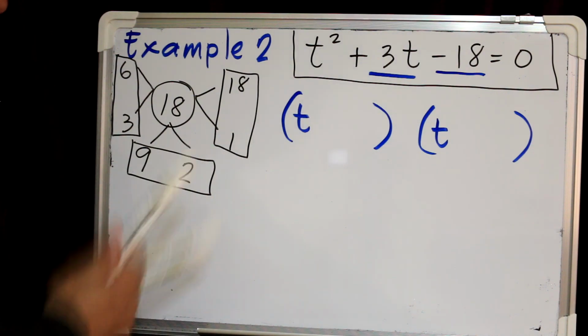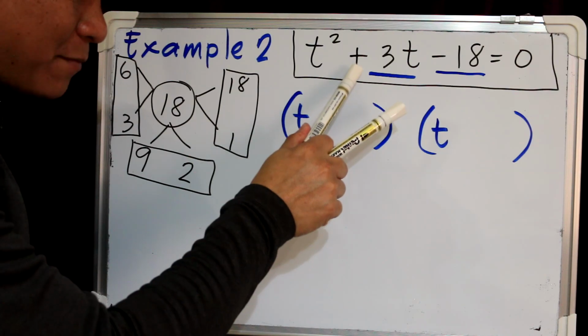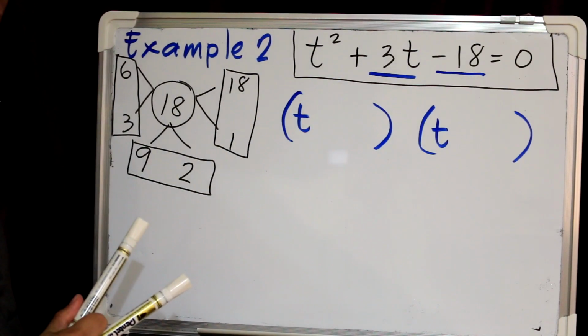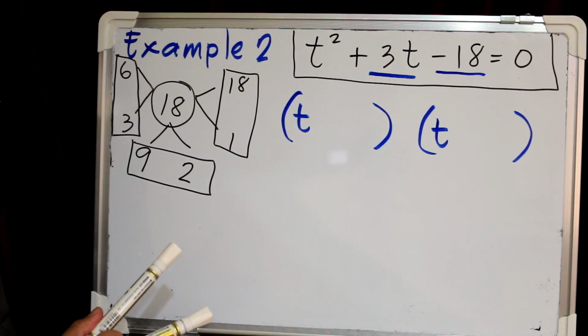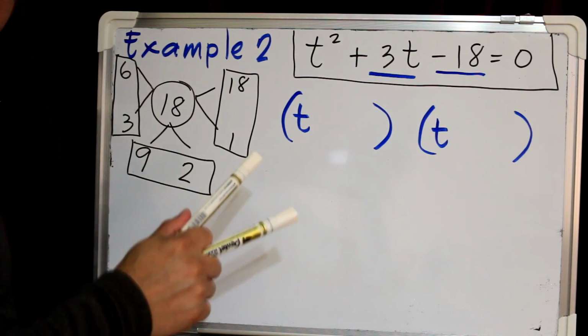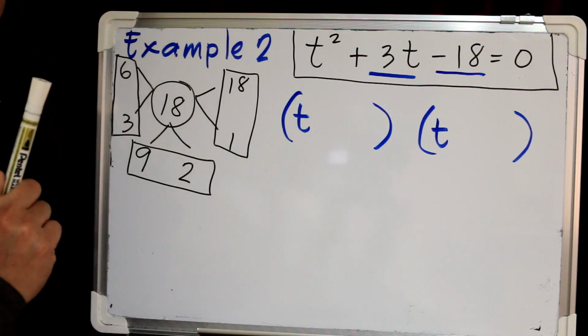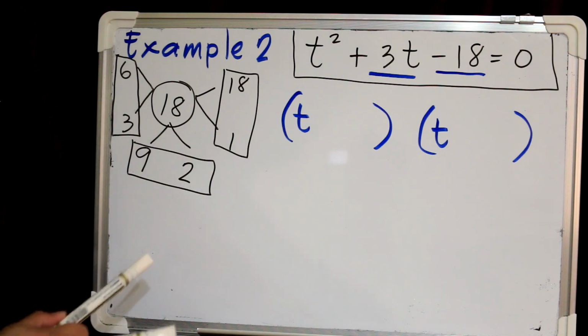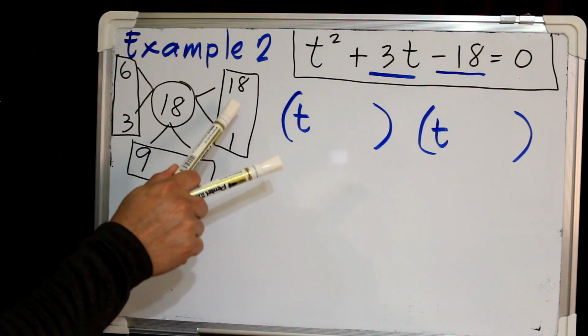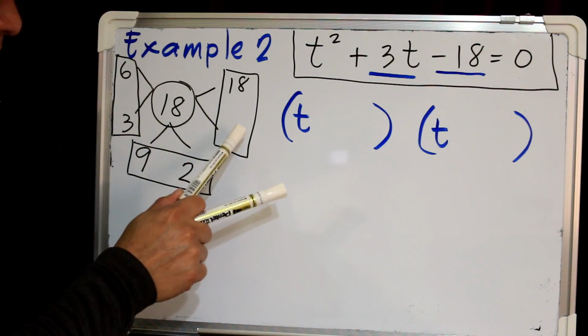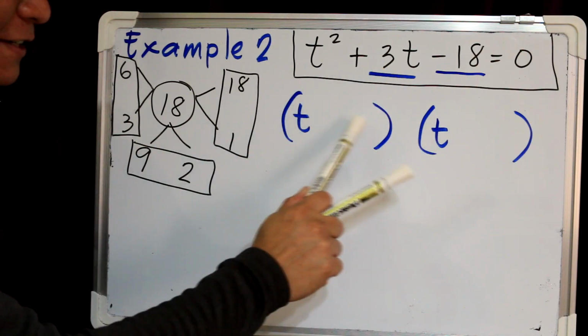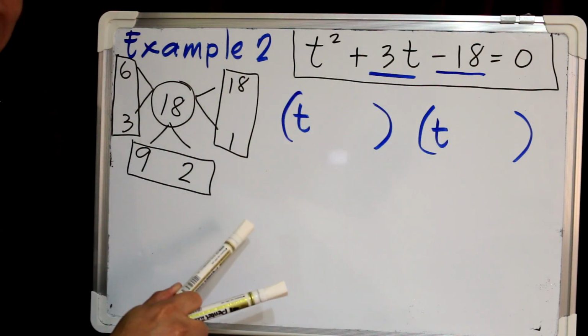Alright? Now, since the inner sign here is a plus, that means a bigger number should be plus. Get that? So, if we're going to try out 18, okay, because you have a plus and minus there, it will be minus, right?